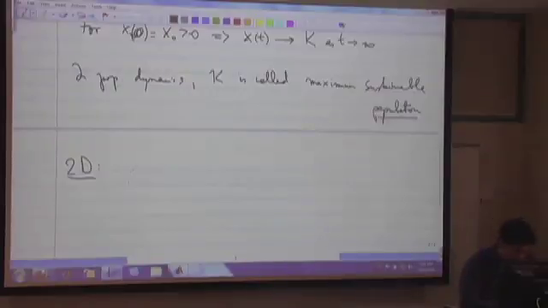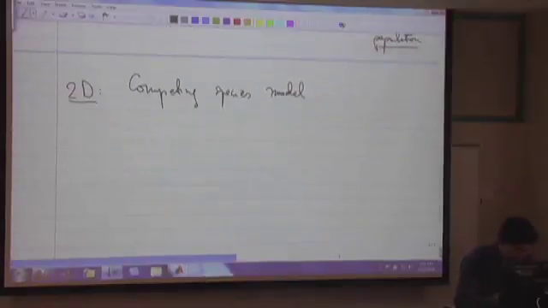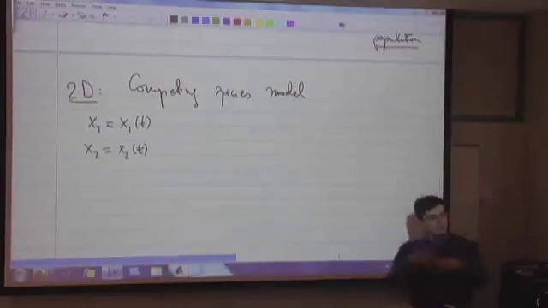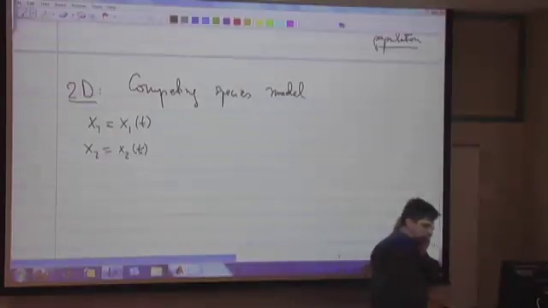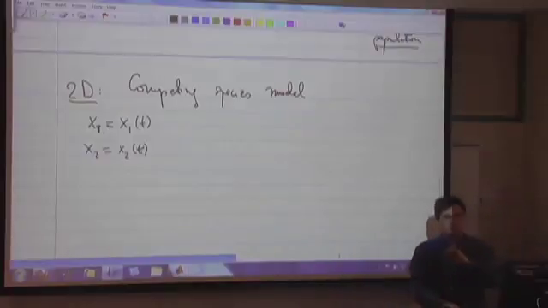So here's an example in 2D. The competing species model. I'll write down the system, and then we'll see where it might come from. I have two variables that I'm tracking over time, and those are the populations of two different species.